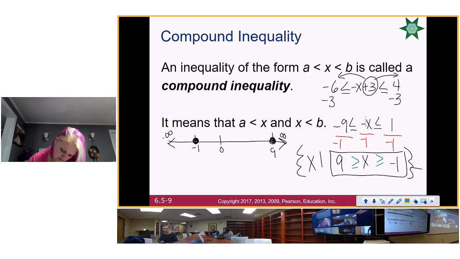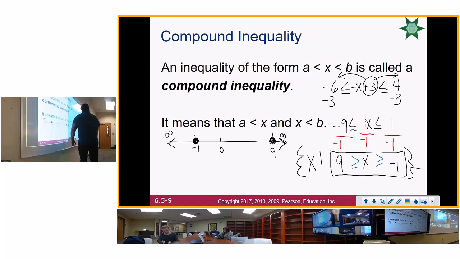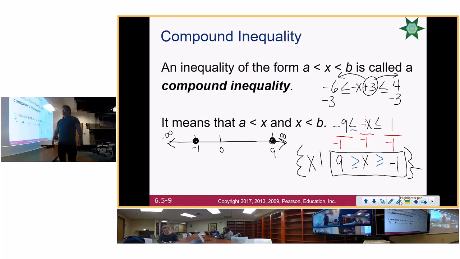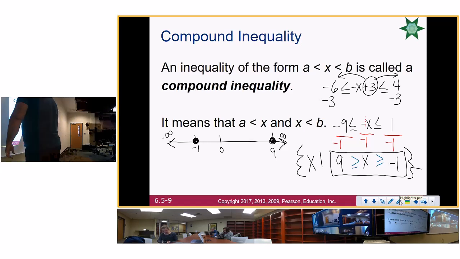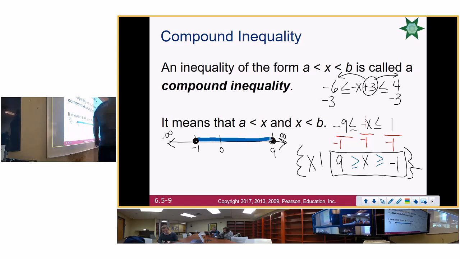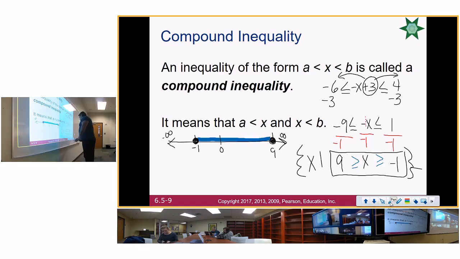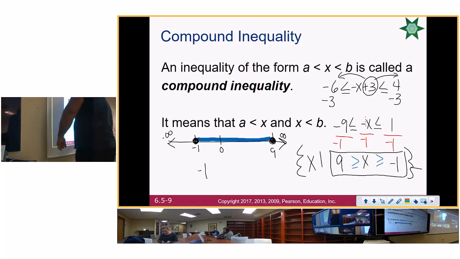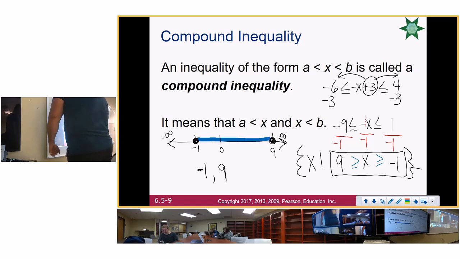Take my handy dandy highlighter. What numbers are between negative 1 and 9? All these numbers right here. So how do we write that? Interval notation, left to right. Where do we start? Negative 1. And where do we go? To 9. And what goes on negative 1 and 9? A bracket goes here and a bracket goes here.